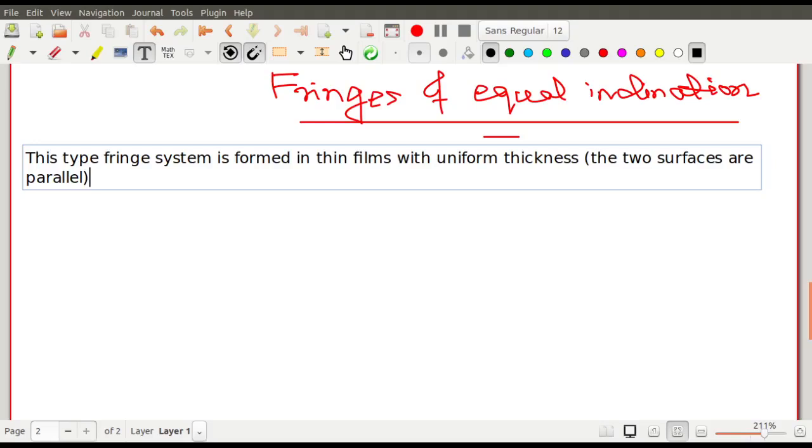So you should have to understand. So then why do you get fringes of different order, right? Now the path difference between two successive fringes. This type of fringe system is formed in thin films with uniform thickness.